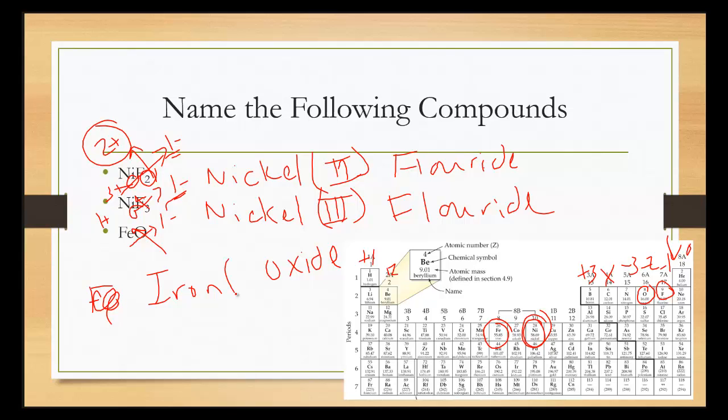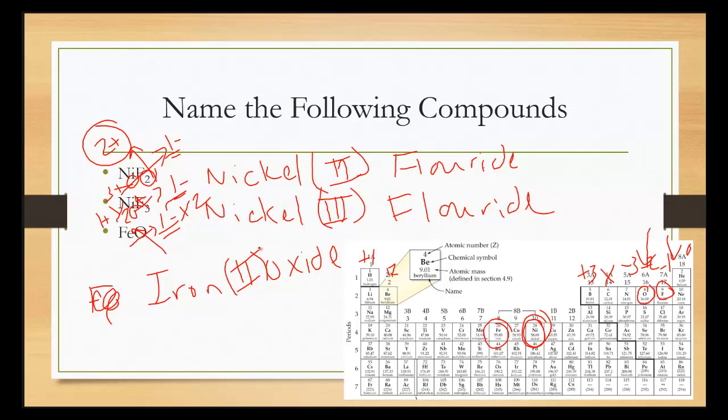When we uncross it, we had oxygen being a -1. But if we look at the row, it should be a -2. That means when they put this compound together, they reduced it. We need to unreduce this by multiplying them both by 2. So iron 2 oxide, not iron 1 oxide.